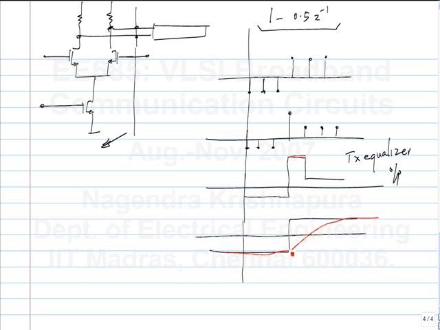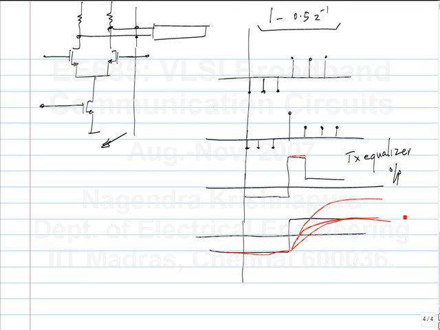So if I applied a larger step, it would start off with something of this sort. So I initially apply a larger step and then step back to some smaller value. So it will start following this, and then it may do something of this sort. So it starts by trying to follow a much larger value and then falls back to the smaller value. So when you compare it to the smaller value, it looks like it has gone faster. That is another way of thinking about equalization.